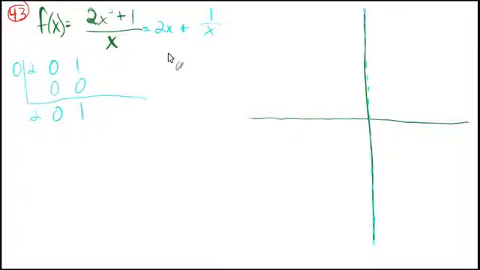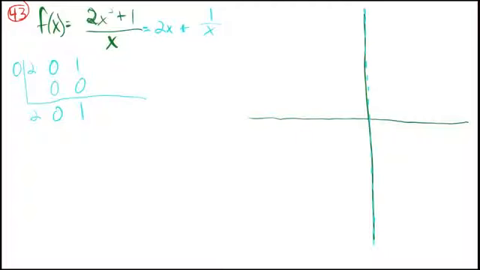So the interesting thing about this is to look at what this function looks like as the numbers get very large. Think about what's happening as the numbers get very large, and think about what's happening to that remainder.